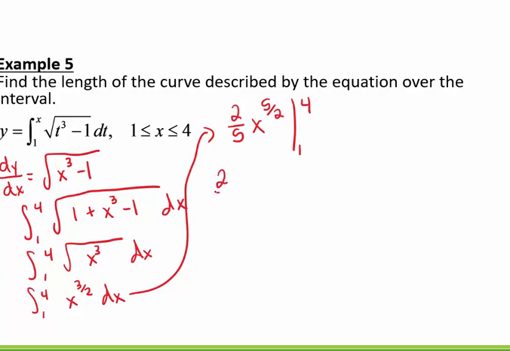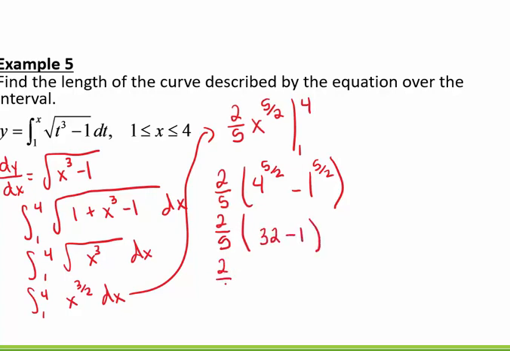So I have 2/5, 4 to the 5/2, minus 1 to the 5/2. Okay, so I square root 4, which is 2, and then I take 2 to the 5th, which is 32, minus 1, 31, so that gets me 62 over 5. So again, that would be considered a non-calculator question.